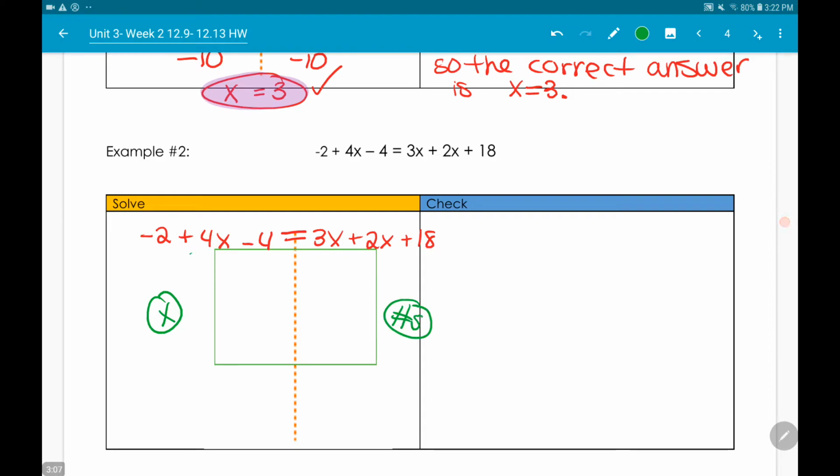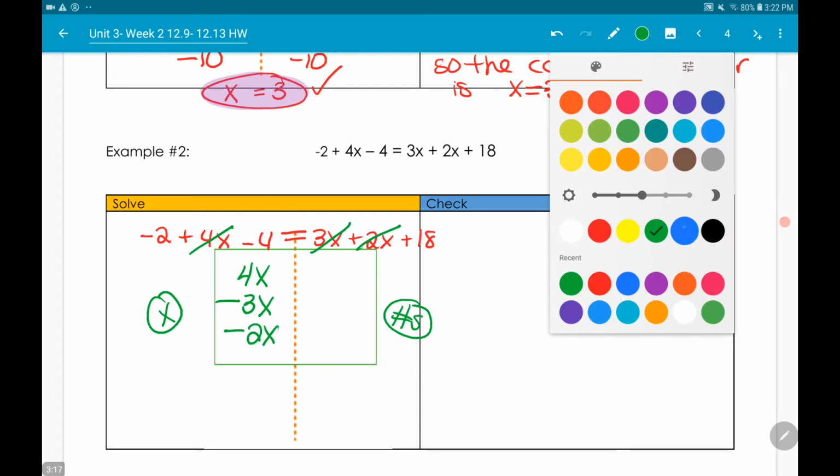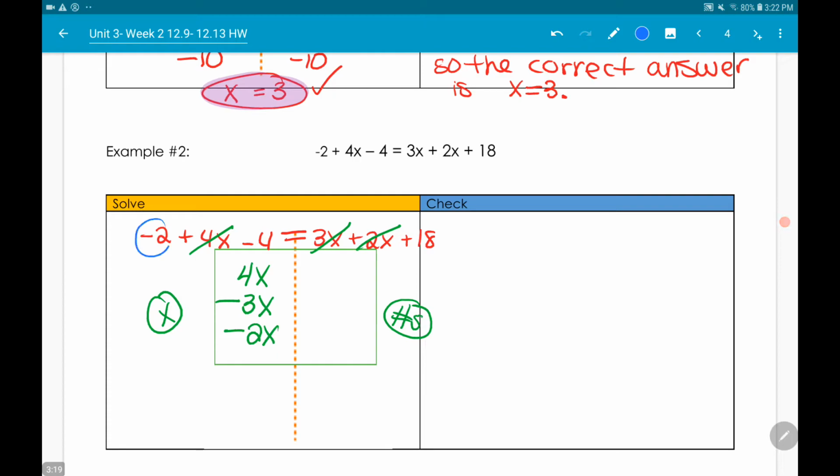So for variables, I have 4x, negative 3x because it's crossing, and negative 2x because it's crossing. For constants, I have negative 2, which becomes positive 2, negative 4, which becomes positive 4, and positive 18, which stays positive 18.